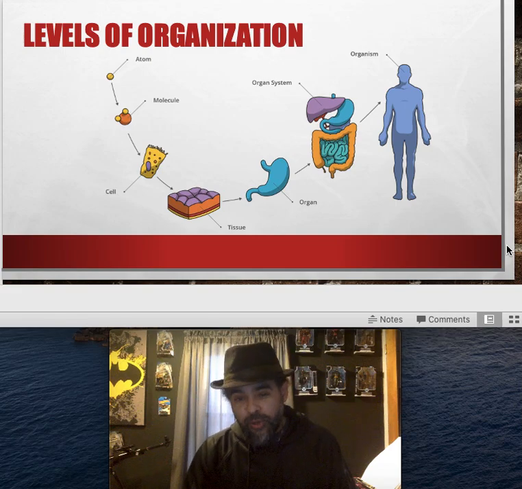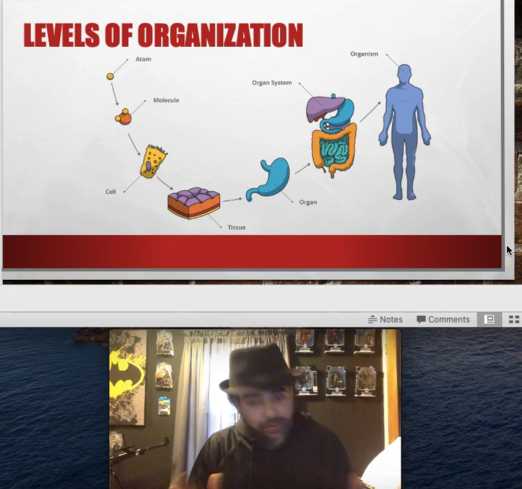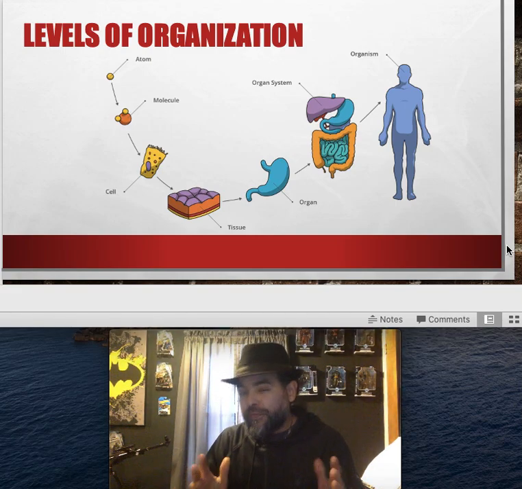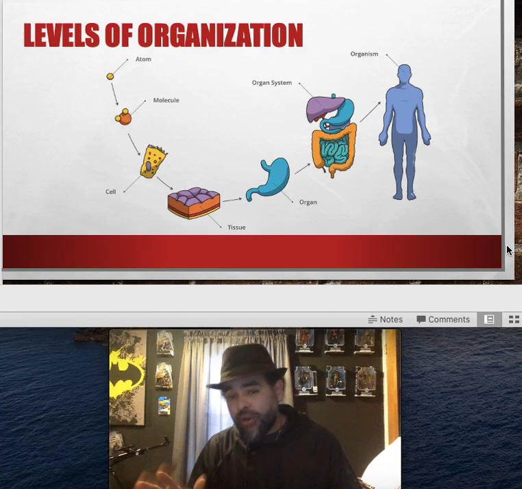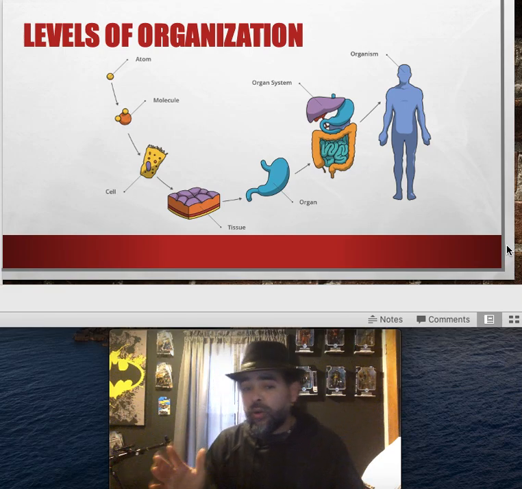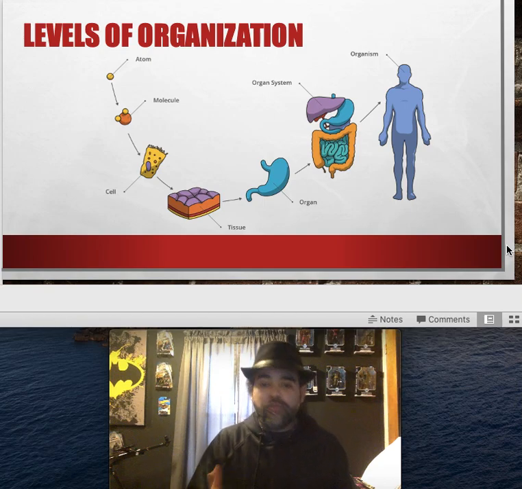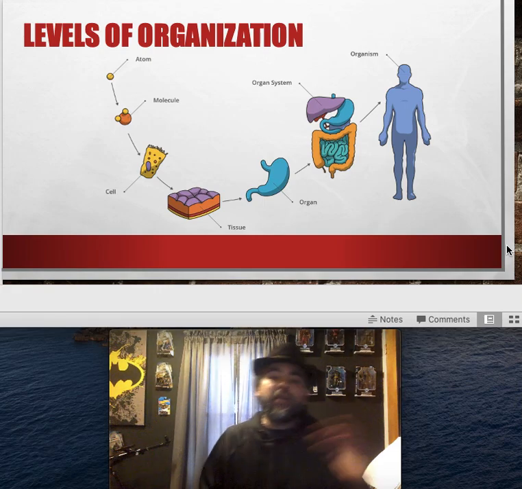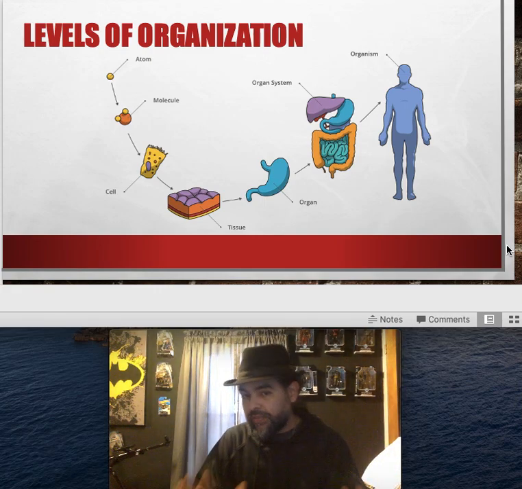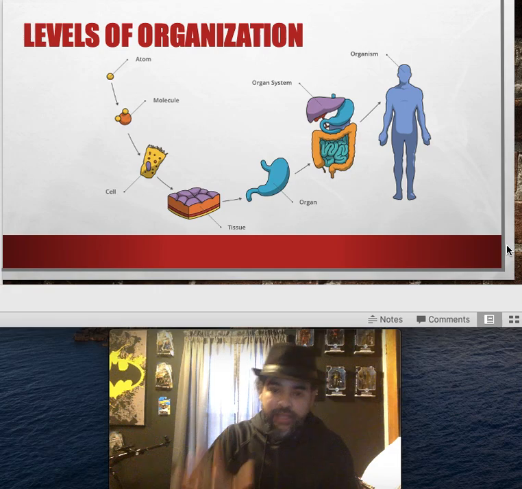Life is very organized. Everything that is alive will follow a very similar pattern to this. So if we look at a person as an individual organism, we can start separating this person into different layers, which is what we call the levels of organization. So let's look at this starting from an organism and going all the way down to the simplest and most elemental component of a living thing.